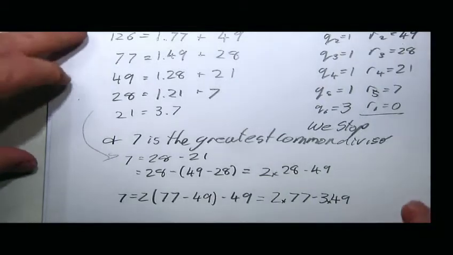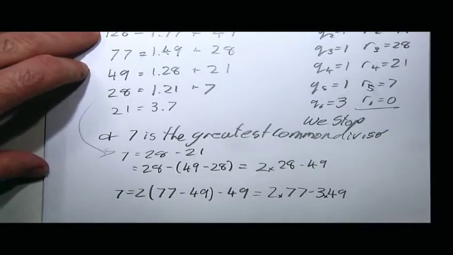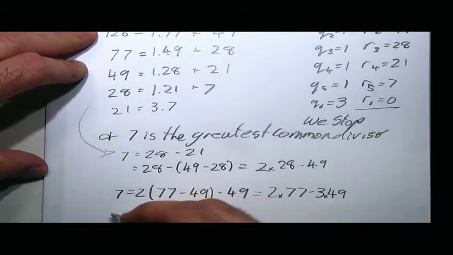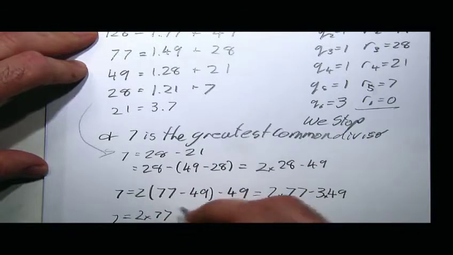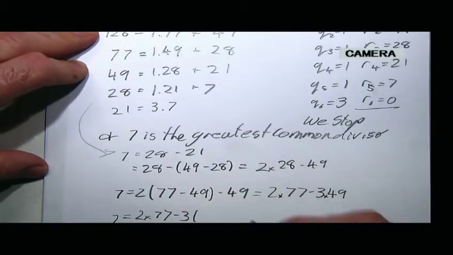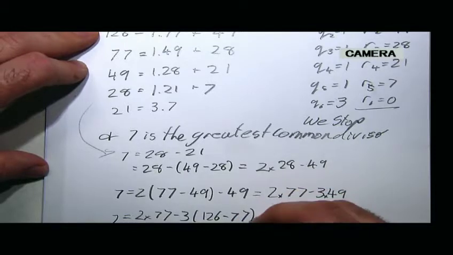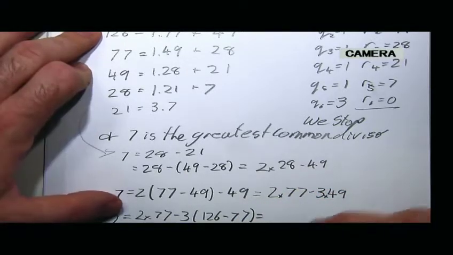Now my 49 is 126 minus 77. So 7 is equal to 2 times 77 minus 3 by (126 minus 77). Again, we're going to simplify this out.